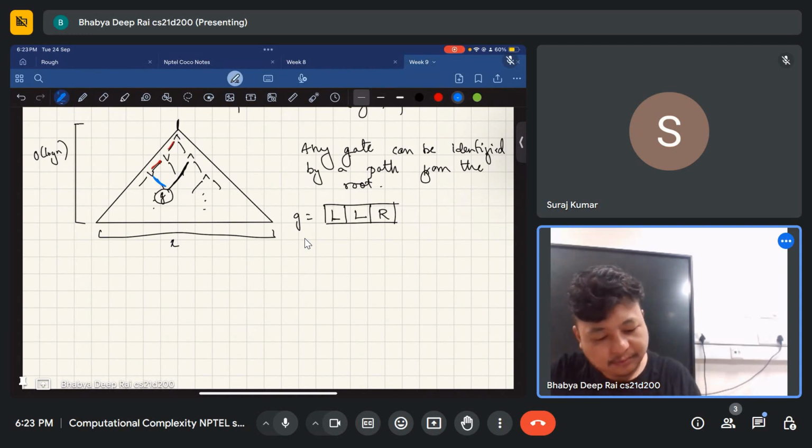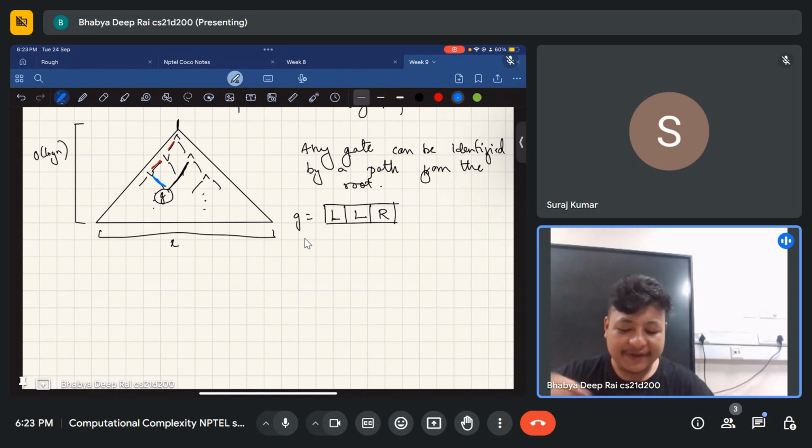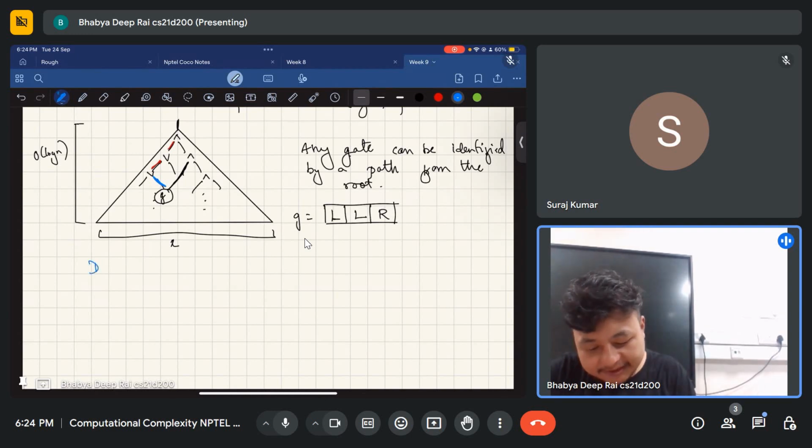Now, I can do this for every gate possible, but of course I don't have that much space to remember this for every gate. And this circuit is given like a read-only thing to us. I cannot do any modifications to the circuit and so on. But this is how I can uniquely identify a gate. So what I do is I do a DFS.